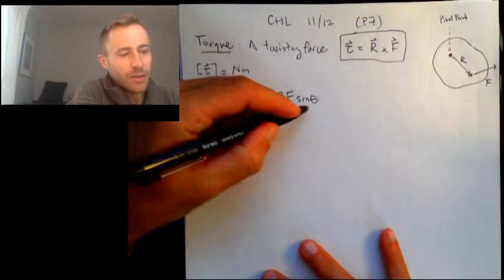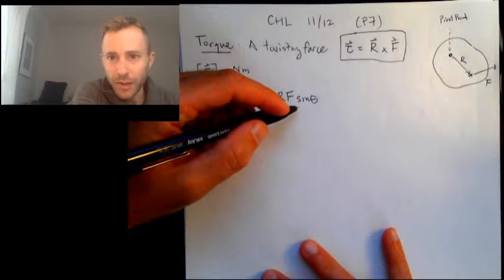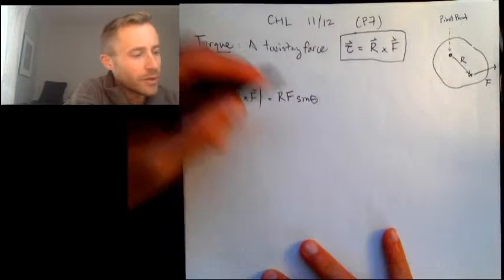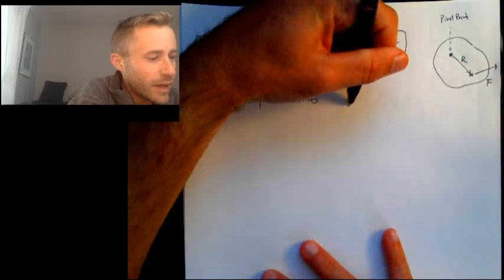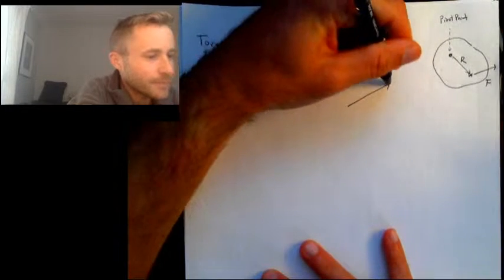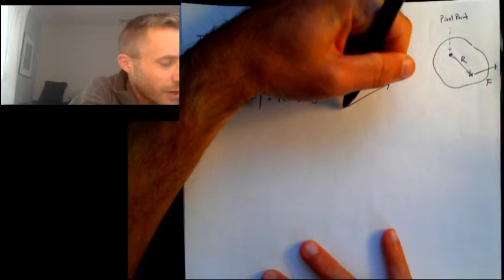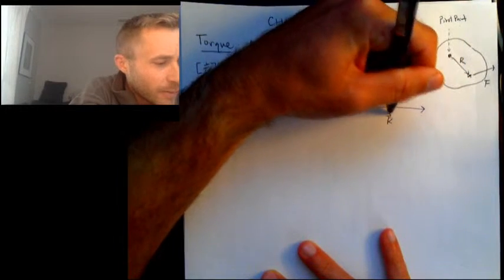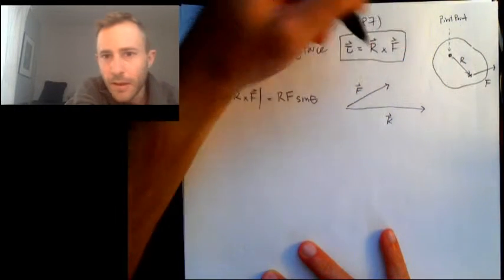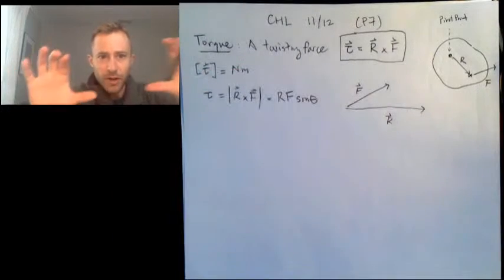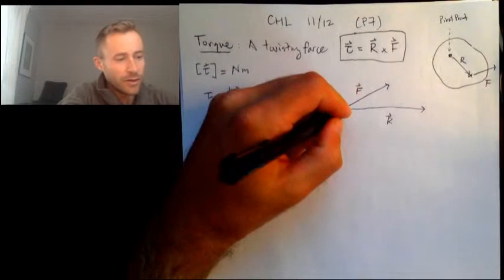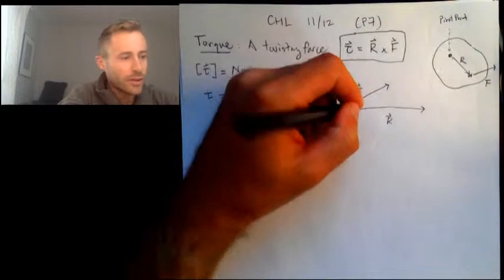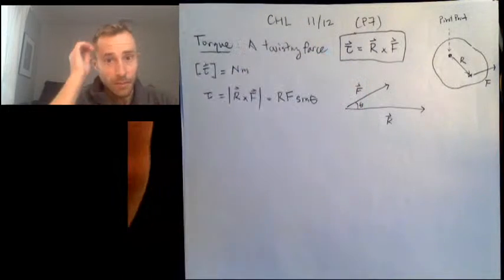When I say sine of the angle between them, we have to be a little bit careful here. Let's say I have two vectors, R and F. You need to shift the vectors so that they start at the same location, and then that is the angle between them.